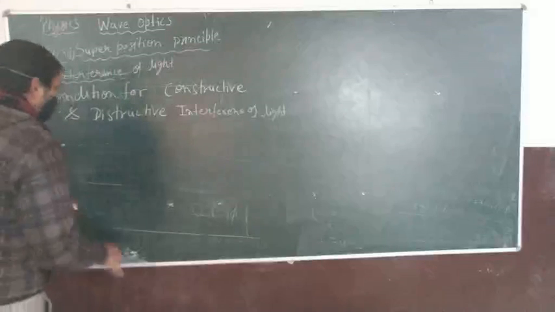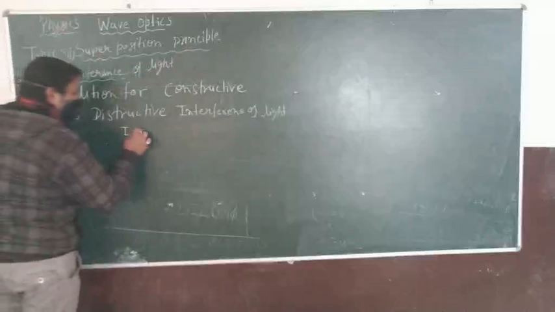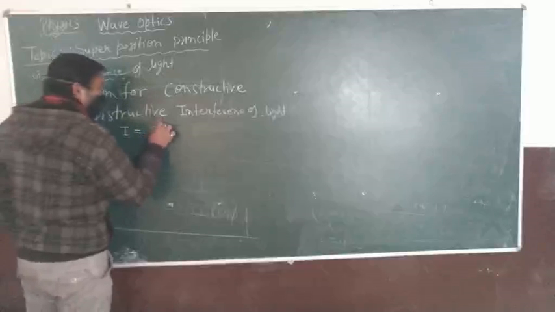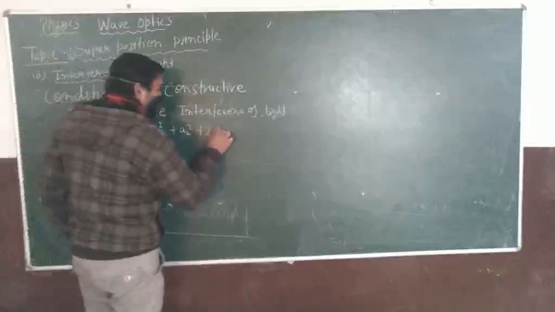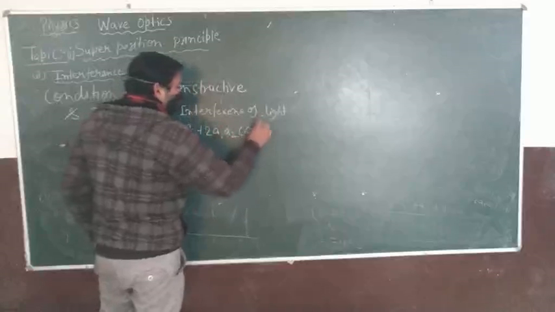As we have the result, I is equal to A1 square plus A2 square plus 2A1 A2 cos phi.